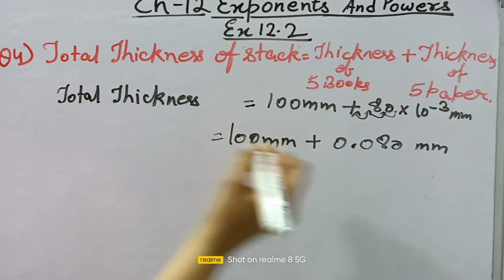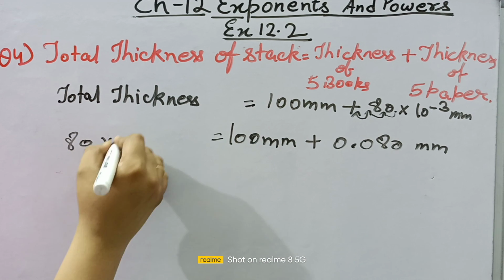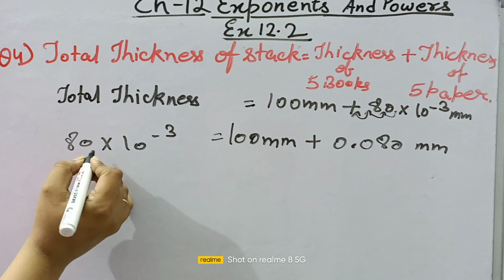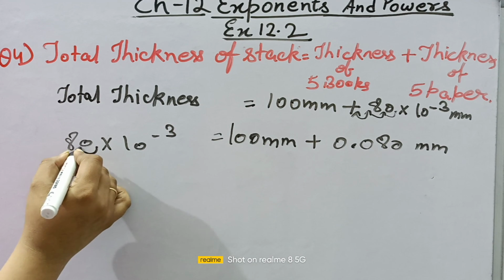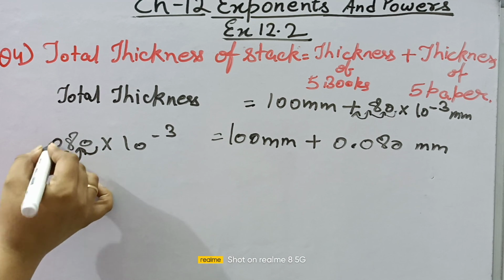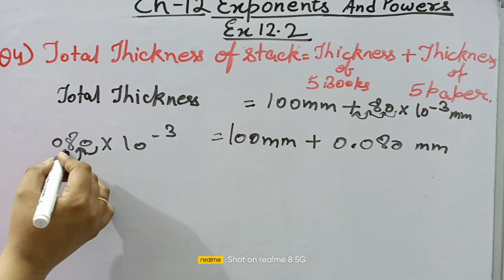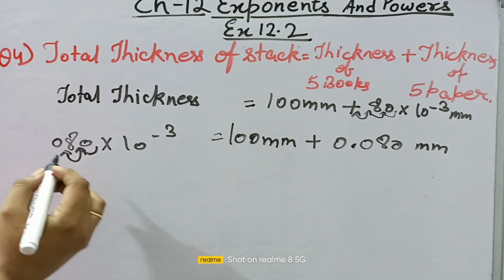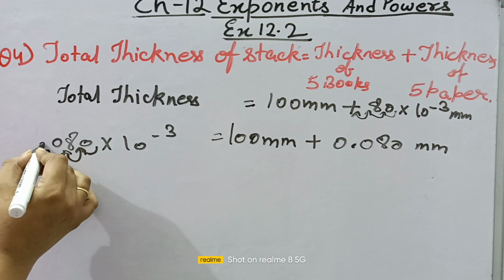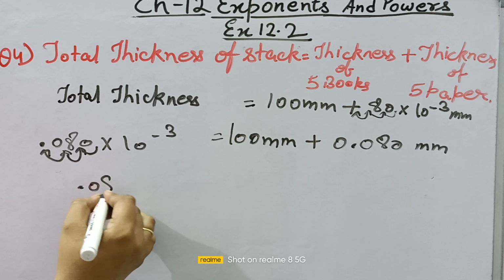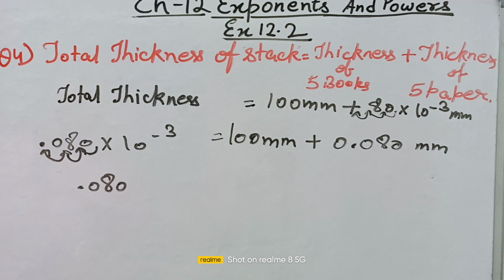Correct? Or you can see here 80 multiplied 10 raised to power minus 3, decimal is here and we are shifting it 1, 2, we put 1 0 here because we have shifted for 2 times only, we have to shift for 3 times. So for the next time decimal will come here and it will become 0.080. Correct? This will become usual form.